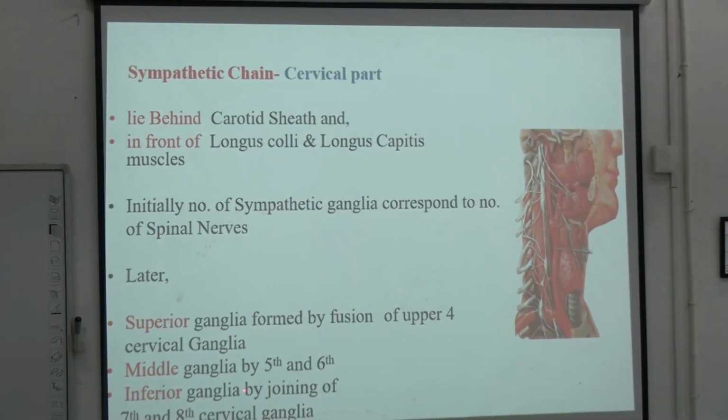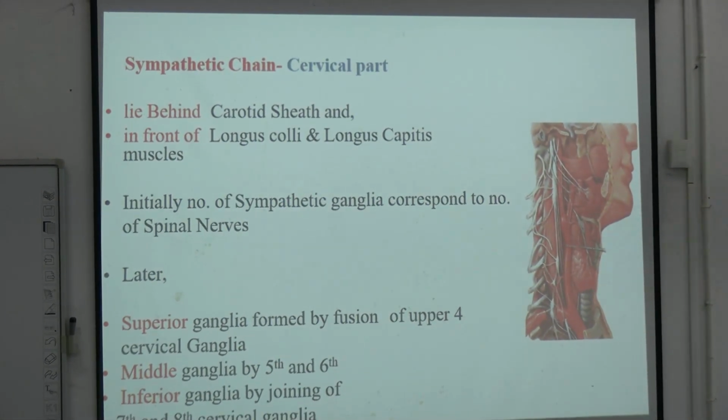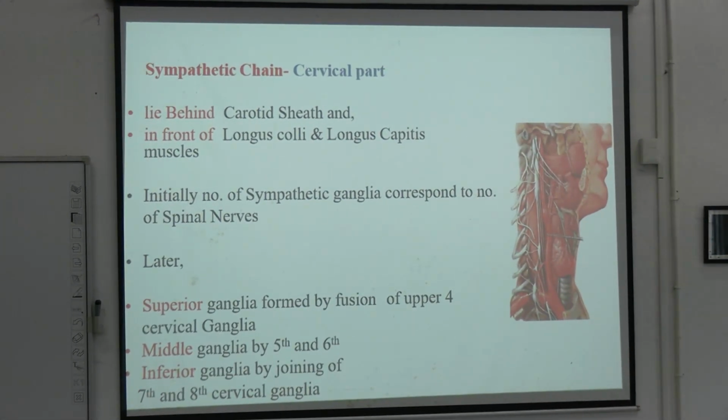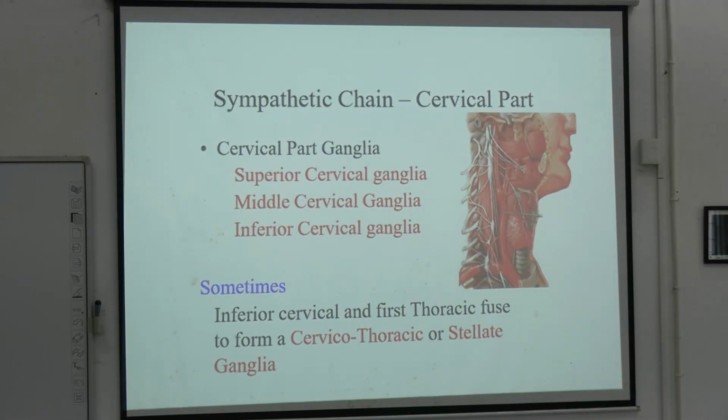Next is the middle one, number 5 and number 6 fused to form the middle cervical ganglion, and the inferior one is formed by the fusion of the 7th and 8th cervical ganglia. These are the total number of sympathetic ganglia present. Superior and middle could be short questions. We'll talk about each of them individually.